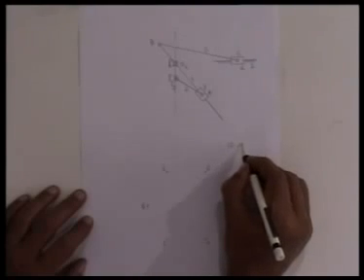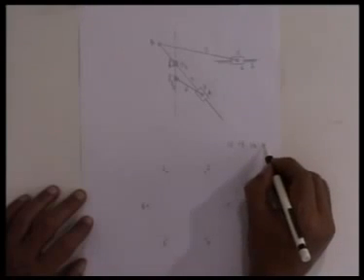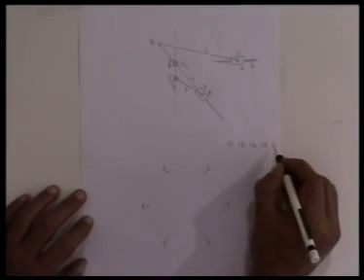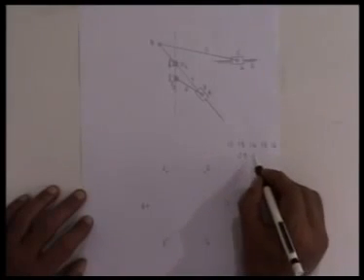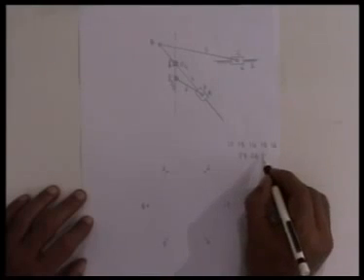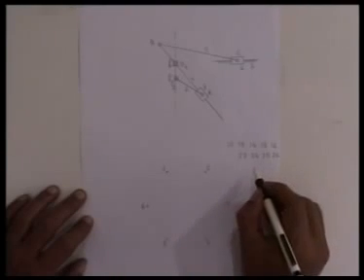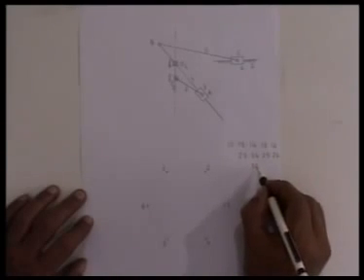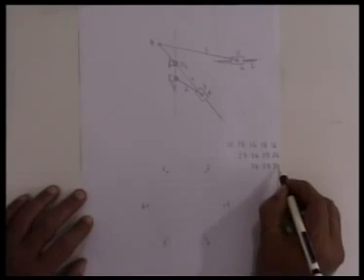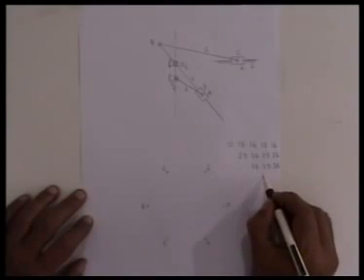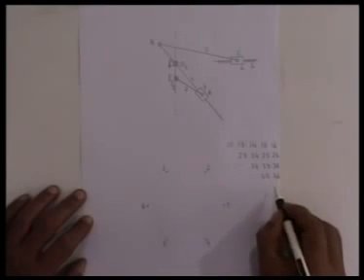1, 3, 1, 4, 1, 5 and 1, 6. Then 2, 3, 2, 4, 2, 5, 2, 6, 3, 4, 3, 5, 3, 6, 4, 5, 4, 6 and 5, 6.